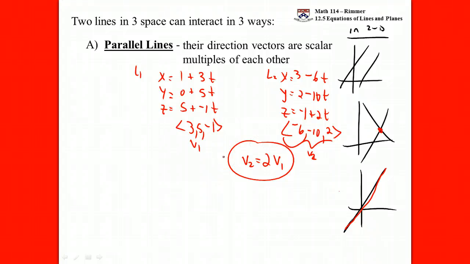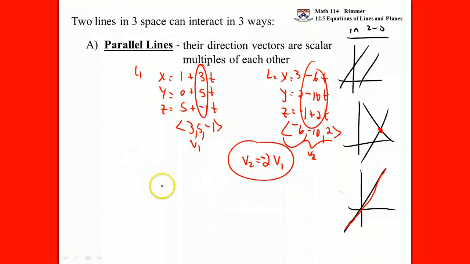So that's a quick check. Just focus on the direction vectors. If one is a multiple of the other, sorry, that's a lie. Why did you guys let me write that? If one is a multiple of the other, then yes, they are parallel lines. Okay. Great. So you'll be able to tell simply by doing a visual check based on the direction vectors only, not the point, but the direction vectors.